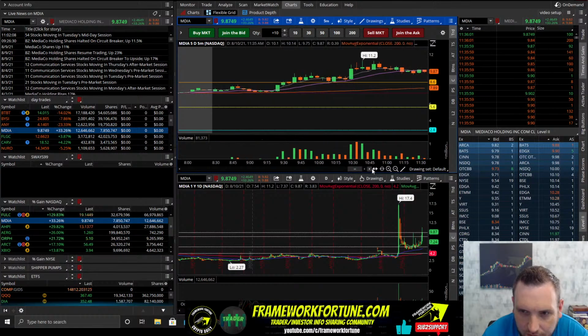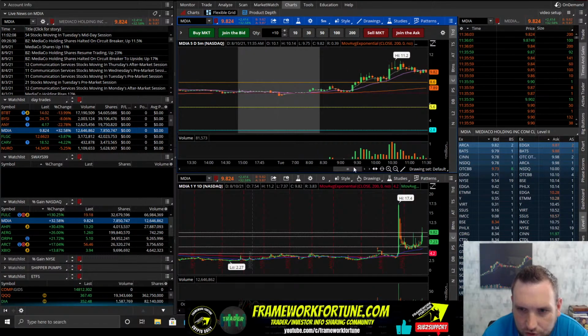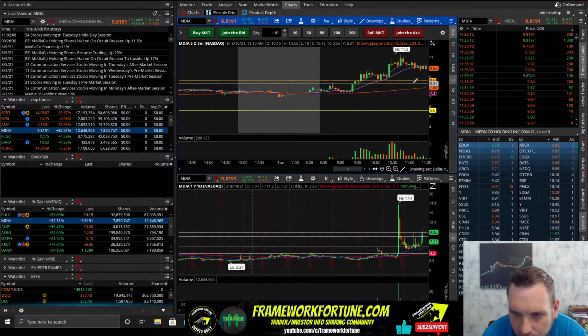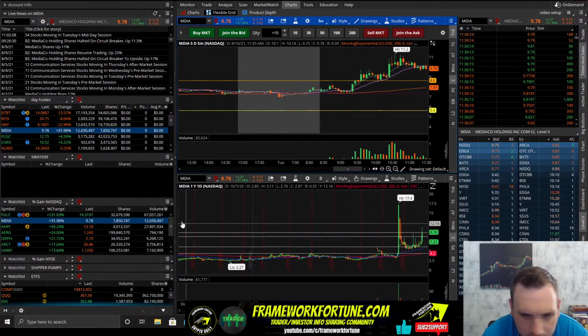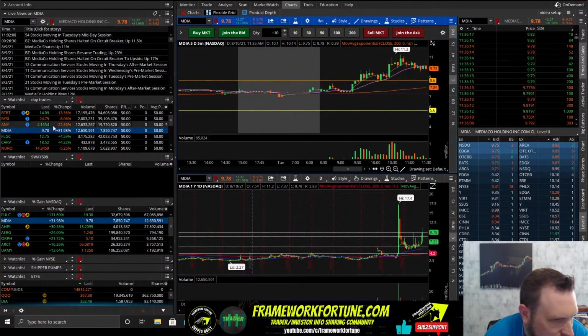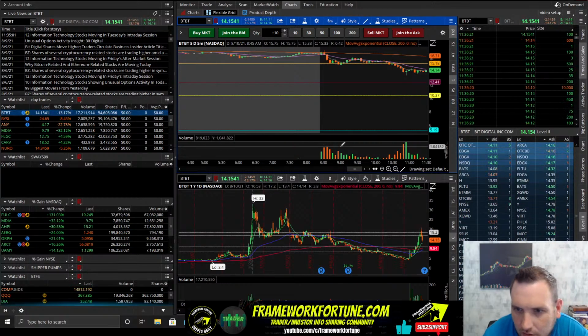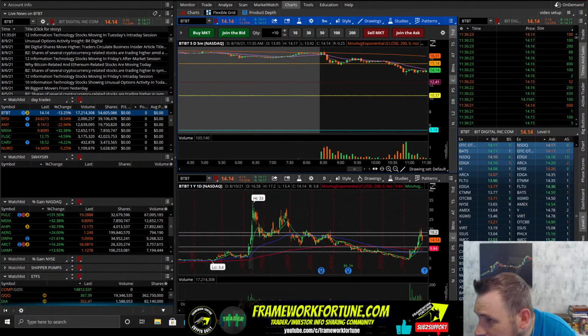Alright, so I still have some funds left. I'm going to try to look for one more trade. Do have a decent little trend line on MDIA. Well, actually, no. I don't want to draw it as a trend line because it's crossing over right there to the downside. Let's see, what's Bitcoin at?